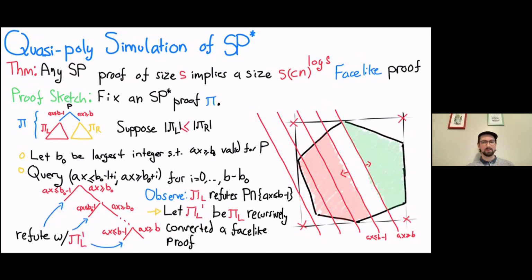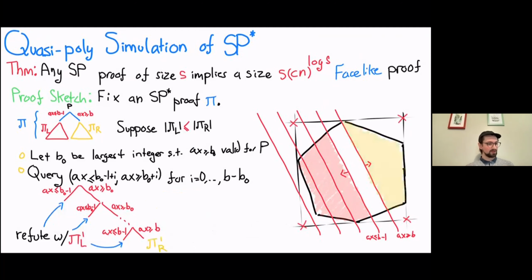And then we're just going to patch pi L prime onto each of these leaves here. And then we're going to patch pi R prime onto the rightmost guy. And that's the proof basically.